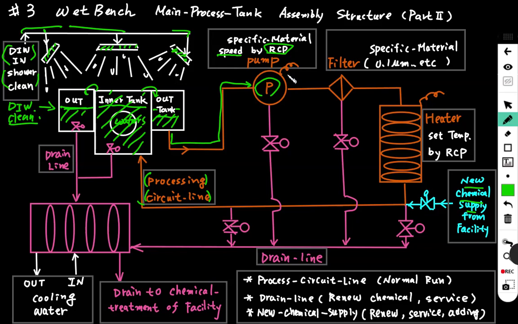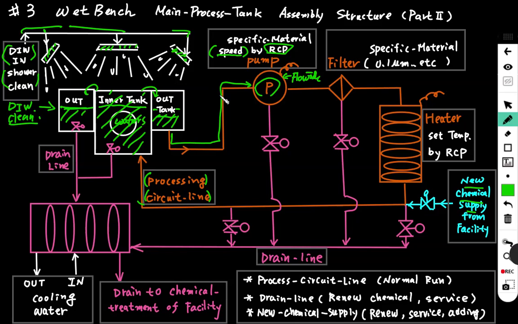Inside the pump there is a flow meter to let the system know what the flow rate is. The flow rate is controlled by the pump speed. So the recipe controls the pump speed to control the flow rate.